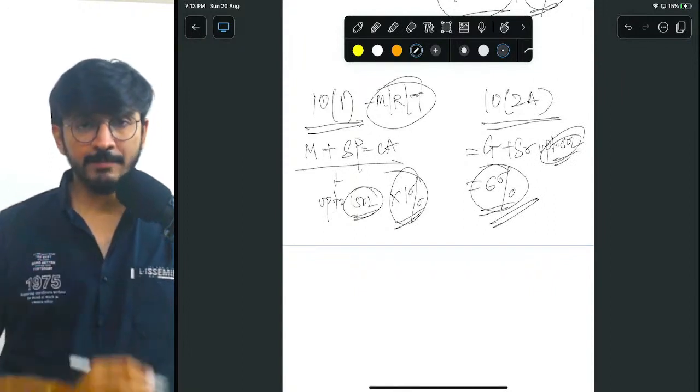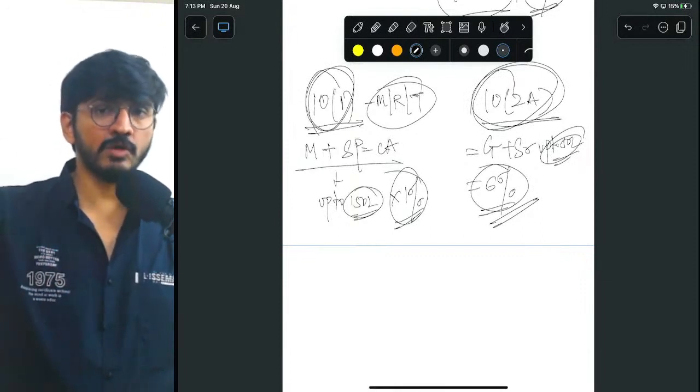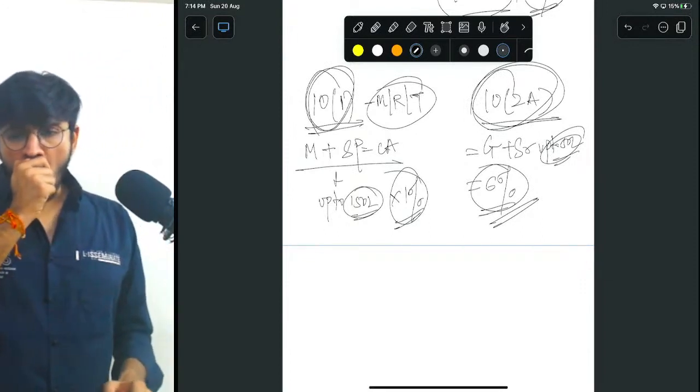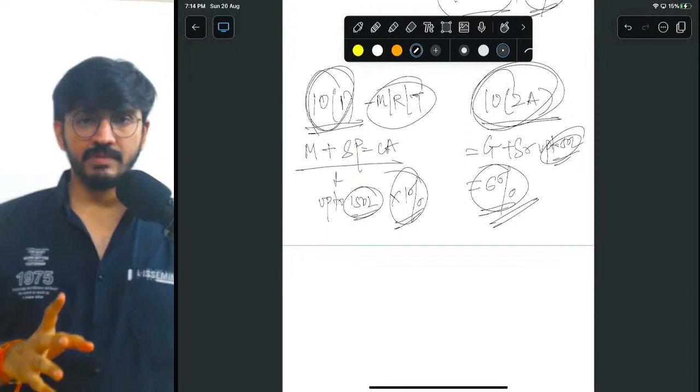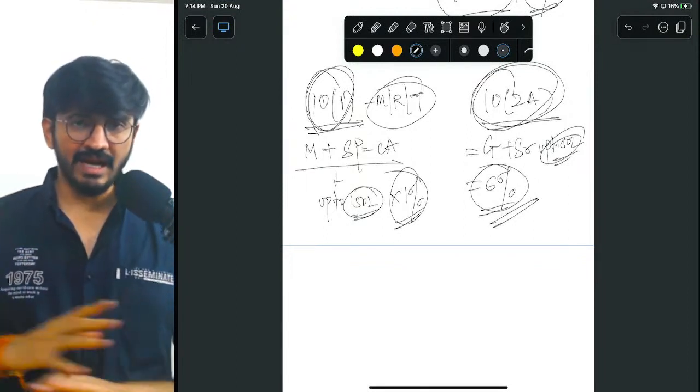Because it depends on which section you are categorizing yourself under. Got it? Correct. That's it.